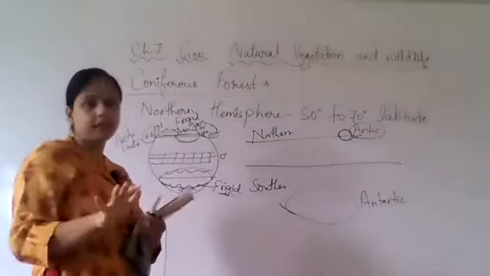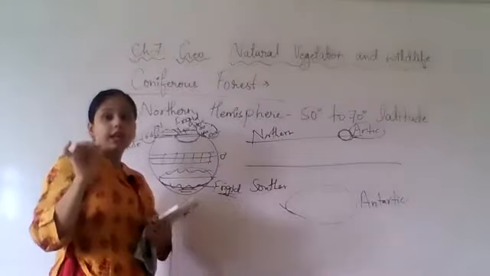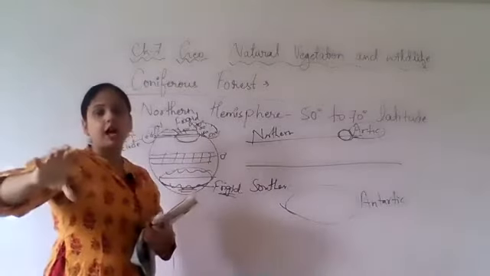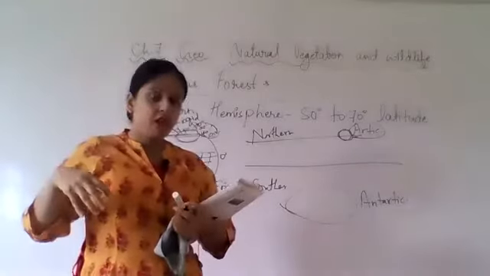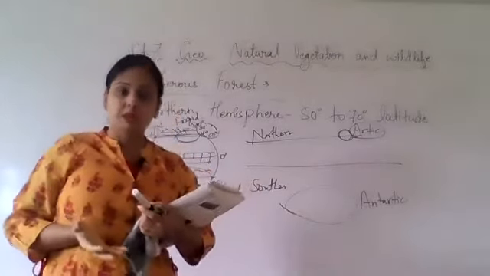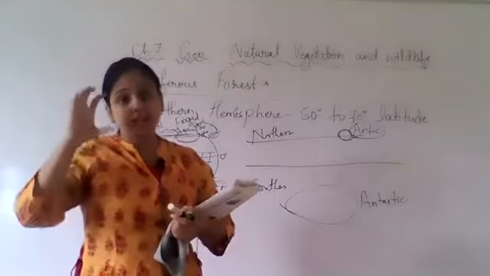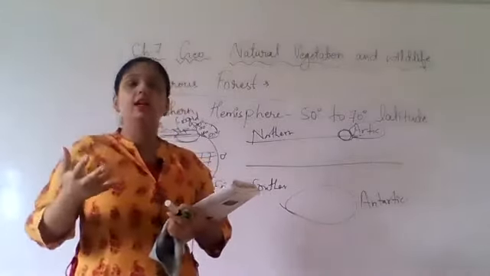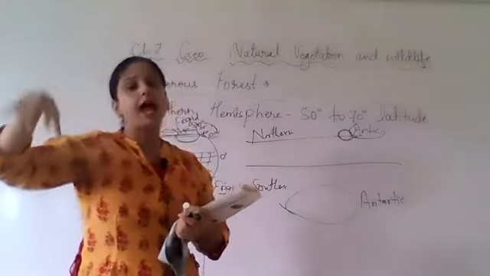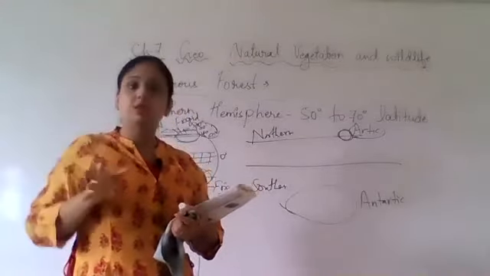So this is the reason, because they grow in a specific area. Every forest, if you see, grows in a specific area, because the climate, the temperature, the rainfall which they need, they get in that specific area. That is why they grow.